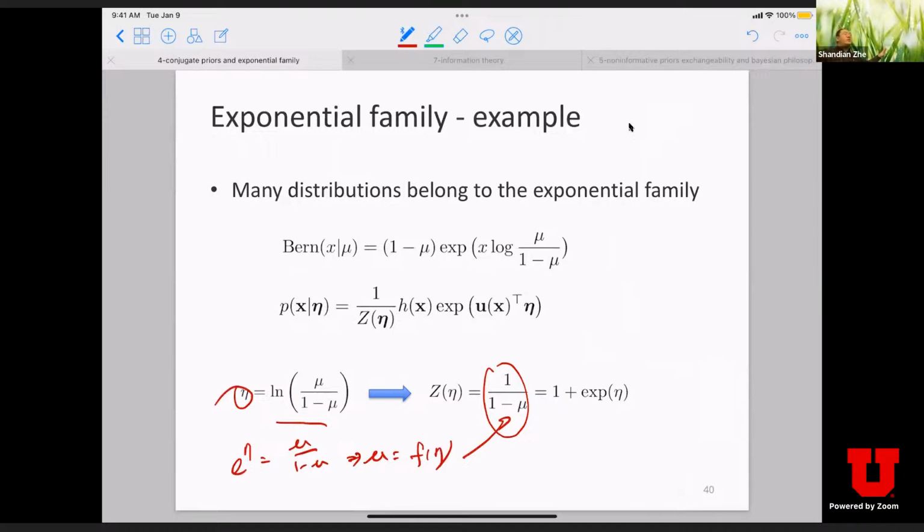So you can see that there's a mapping between the mean parameter and the natural parameter. Does it make sense? Let's keep this in mind.